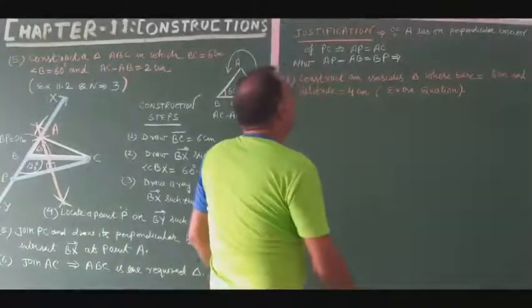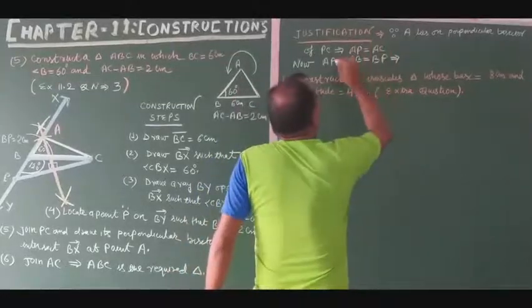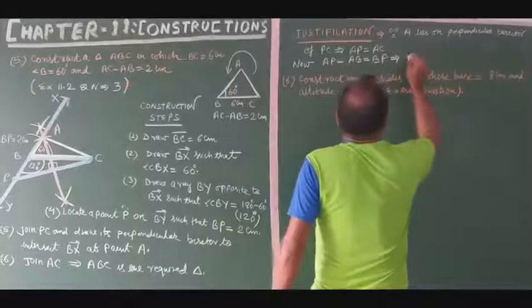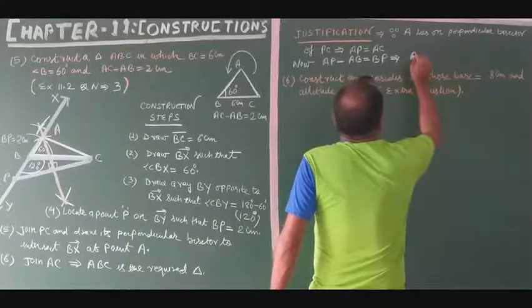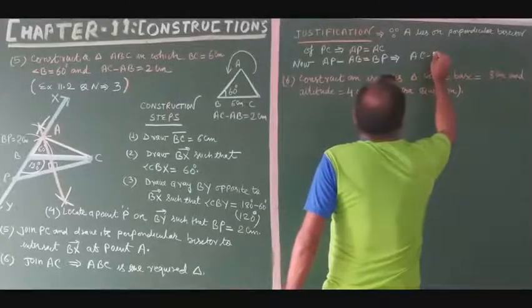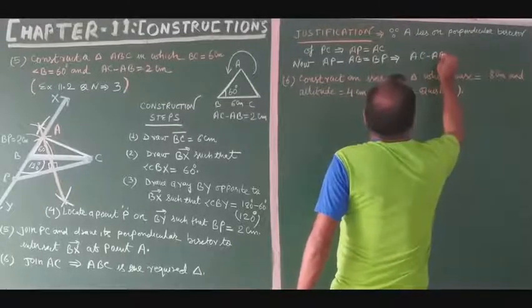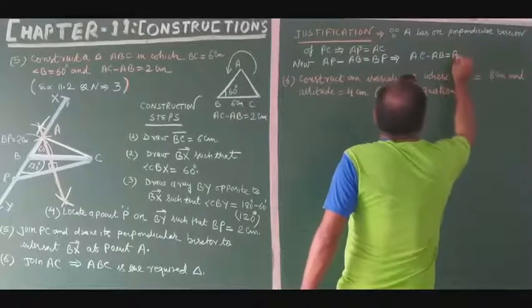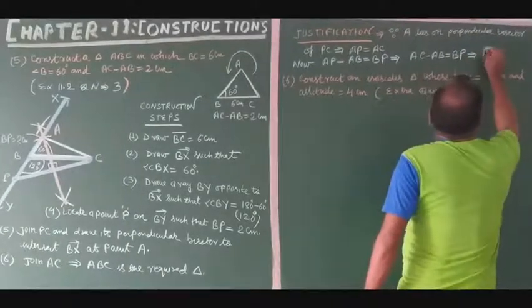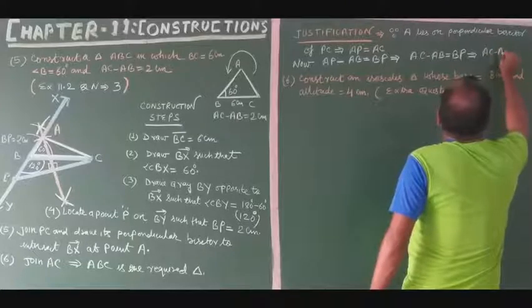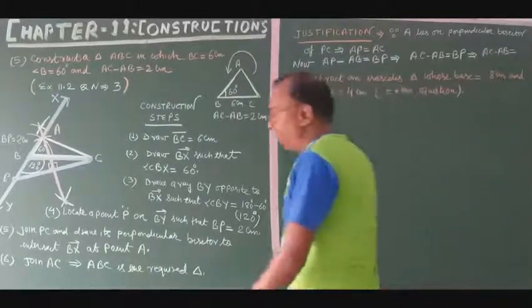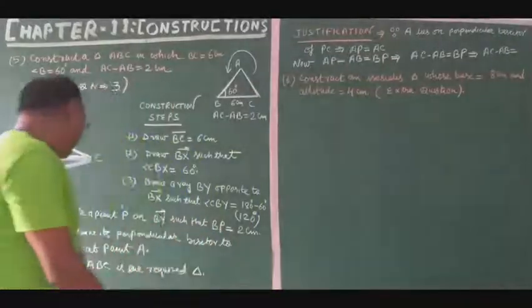Just look here, what is this AP? AP is AC. So we can say AC minus AB is equal to BP. What was the length BP?